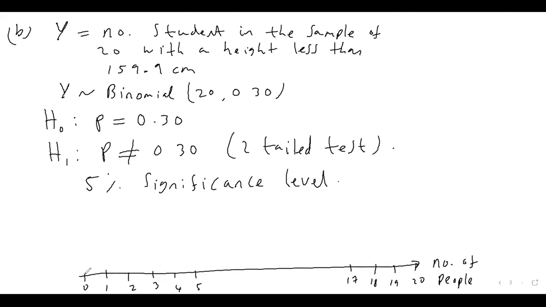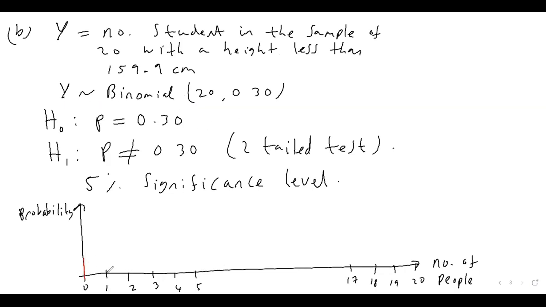Then we could have a y-axis like this, and our y-axis is probability. Remember, we're dealing with discrete data, so all these whole numbers are on the x-axis, and this graph is going to be a line chart of probability. This binomial distribution may look something like this.